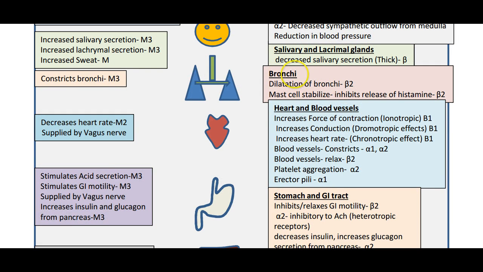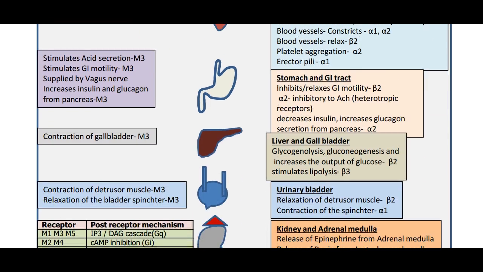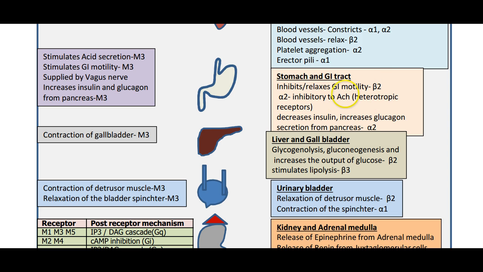The important locations are bronchial smooth muscles, where it causes dilatation. And if you look at the blood vessel smooth muscles, there it also causes relaxation, so it causes vasodilatation in the blood vessels. Beta 2 receptors are also present in the whole GI tract, and they cause relaxation of the GI tract, and it inhibits the GI motility.